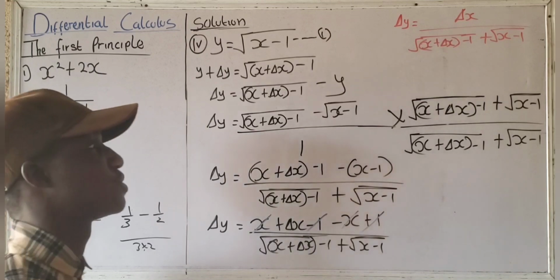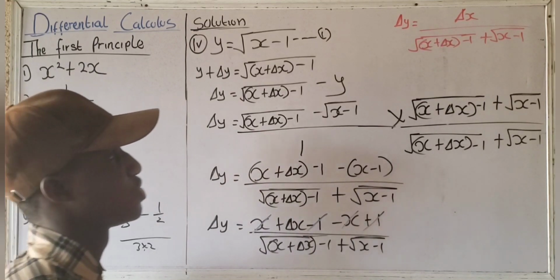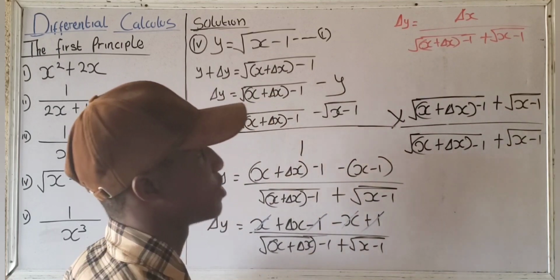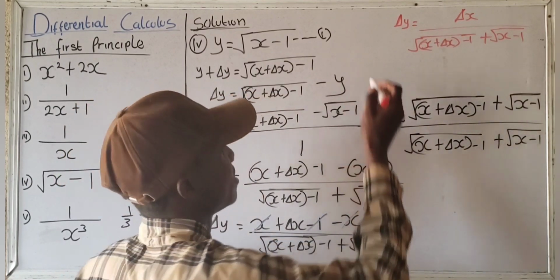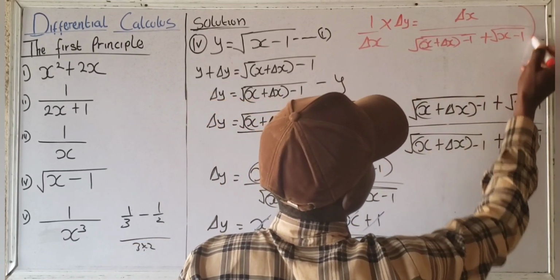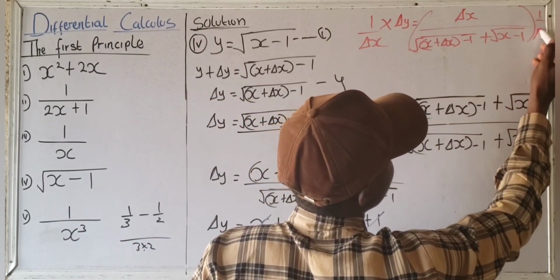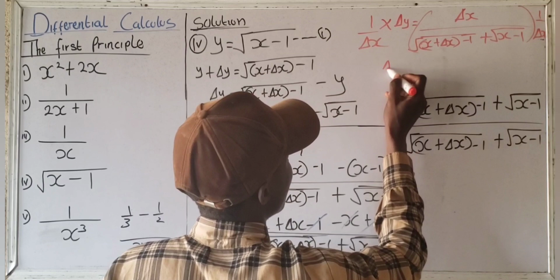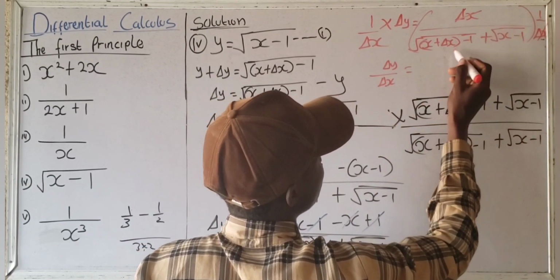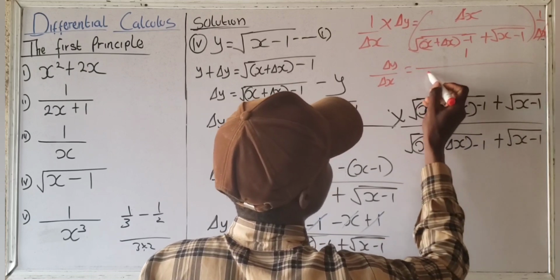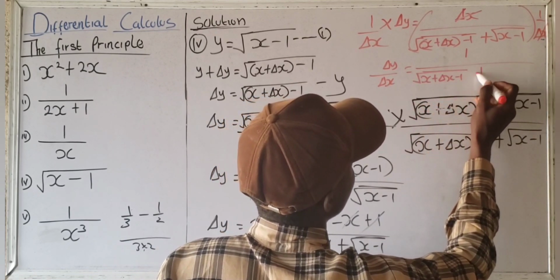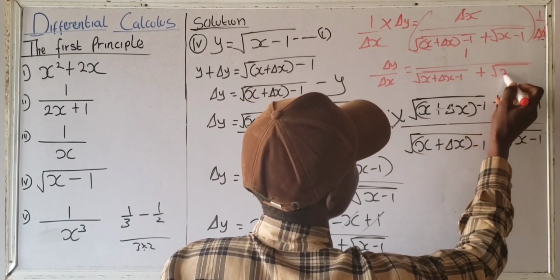From this point, you have to divide both sides by delta x, that is, multiply both sides by 1 over delta x. So I'm going to have delta y all over delta x equals, this delta x will cancel this delta x, so I'm left with 1 all over the square root of x plus delta x minus 1 plus the square root of x minus 1.